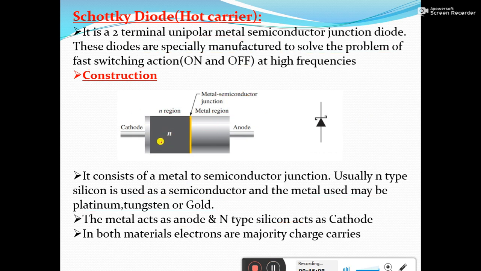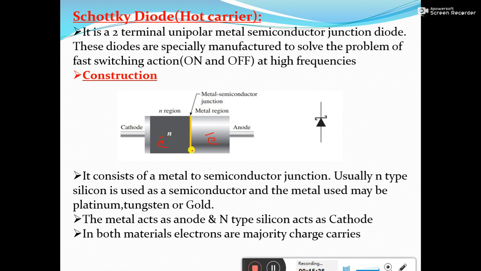Here also the electrons will be there, and here also the electrons will be there. But if you compare their kinetic energy, the kinetic energy of electrons in the N region is higher than that of the electrons in the metal.